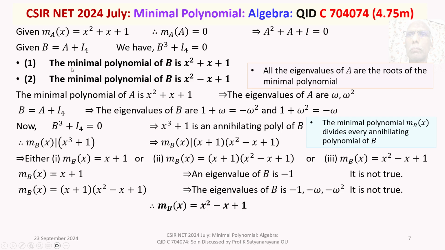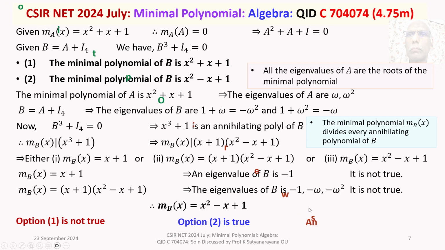Therefore, option 1 is not true. Why? Because the minimal polynomial is unique. It is x square minus x plus 1. Therefore, option 1 is not true, and option 2 is true. The answer to this question we have already seen. Option 4 was true. So here option 2 is true.